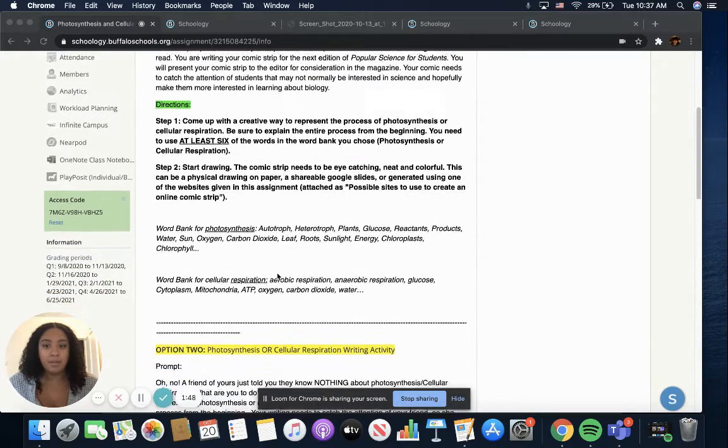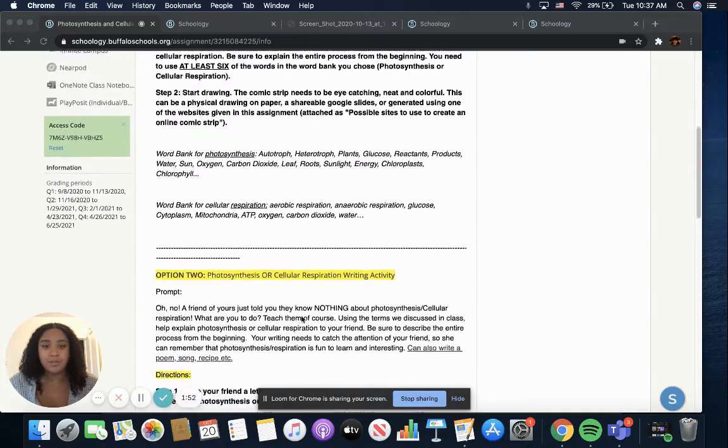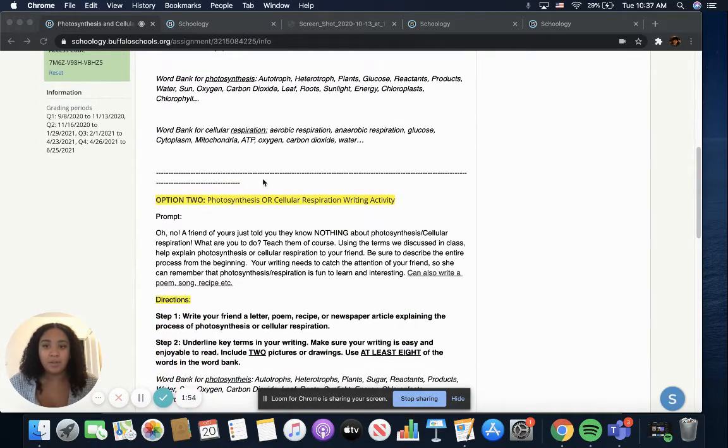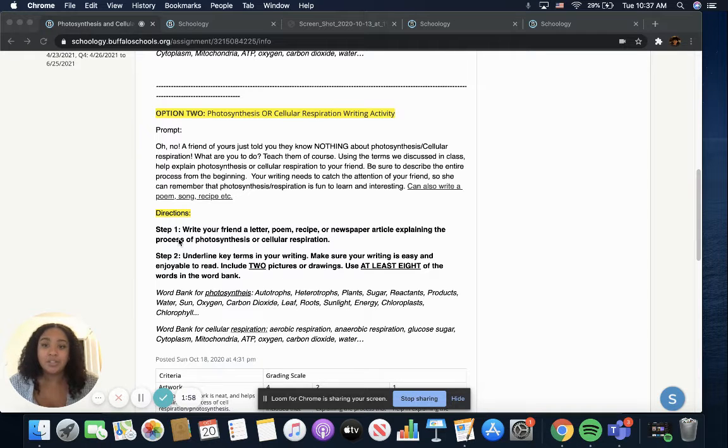So I am going to give the other option, option 2, the writing activity. Again, you could read the prompt on your own. So the directions: write your friend a letter, a poem, recipe, or a newspaper article explaining the process of photosynthesis or cellular respiration.